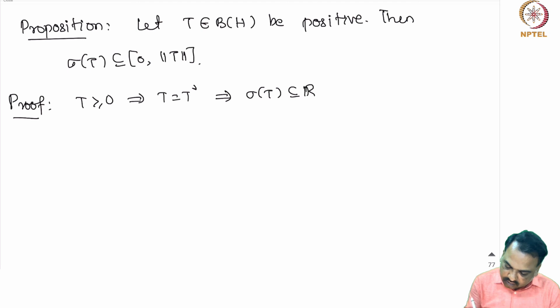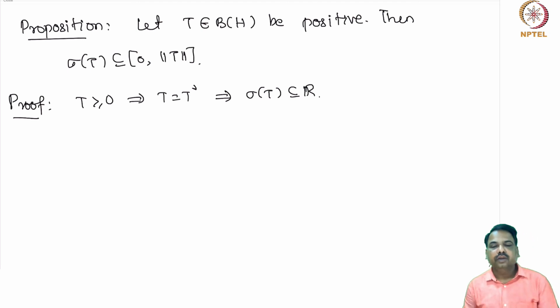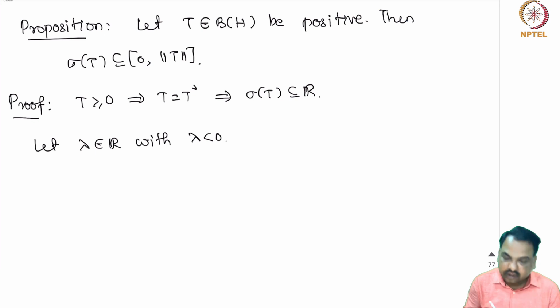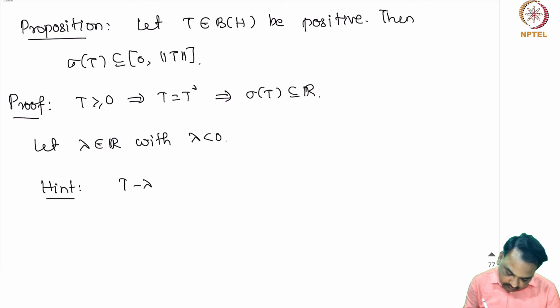Now the idea is that if we take lambda in R with lambda strictly less than 0, then consider T minus lambda I. So I will give a hint here. We can follow the same method which we used earlier. So show that T minus lambda is bounded below.